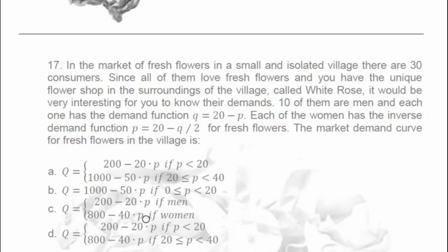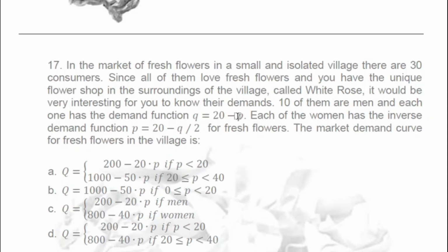The market demand curve for fresh flowers in the village is, so we just have to aggregate demands. We first aggregate inside each group, and then we aggregate the two groups. Now, men, we have Q isolated. We have to look at the price range for which prices this function makes economic sense, and it doesn't make sense for prices over 20.